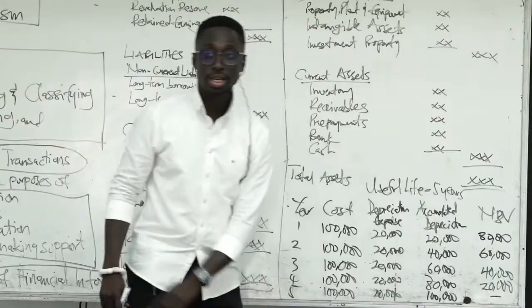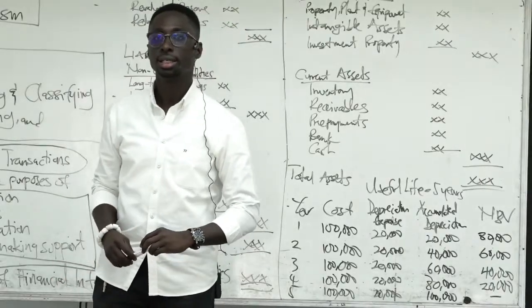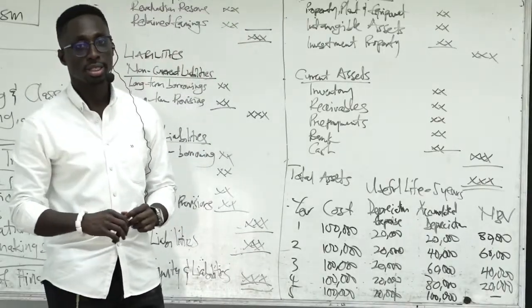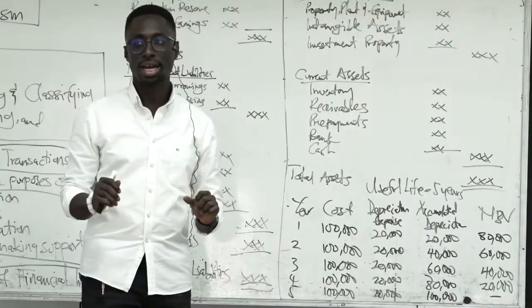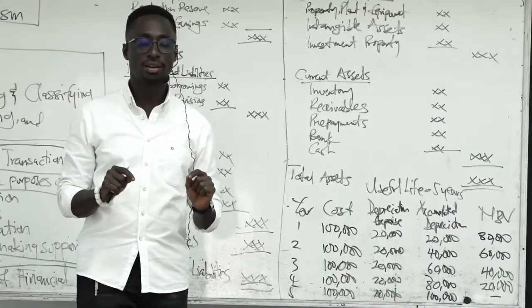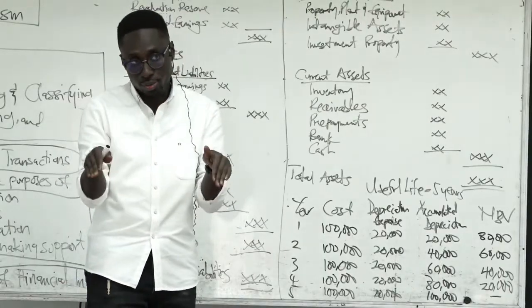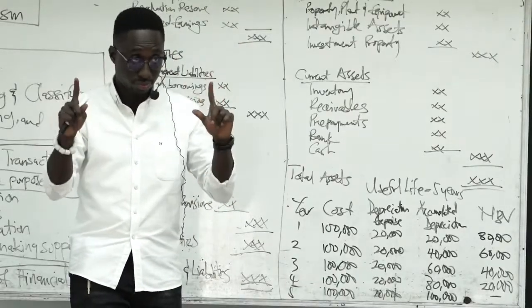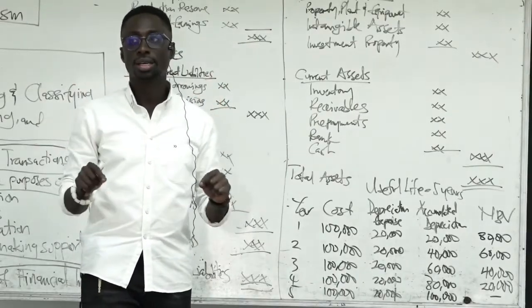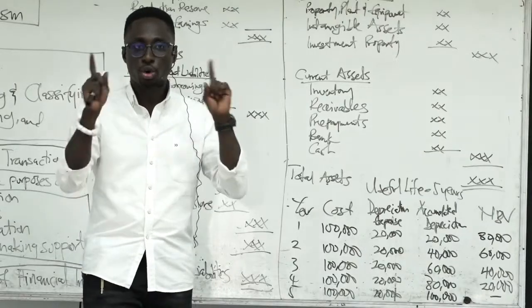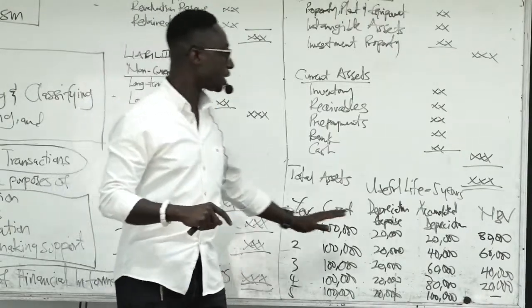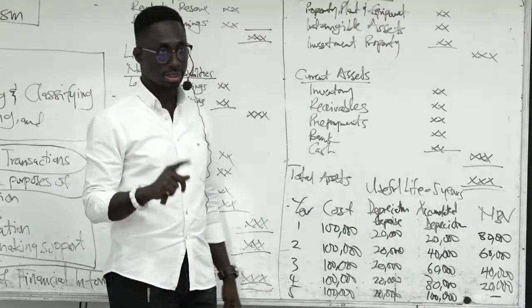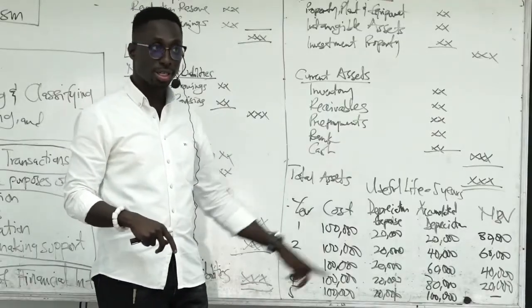So what you'd realize is that, and I'm going to introduce a new concept, in the event an asset does not have a scrap value or a residual value, a test of how correct your depreciation schedule is that at the end of it, your net book value should be 0.